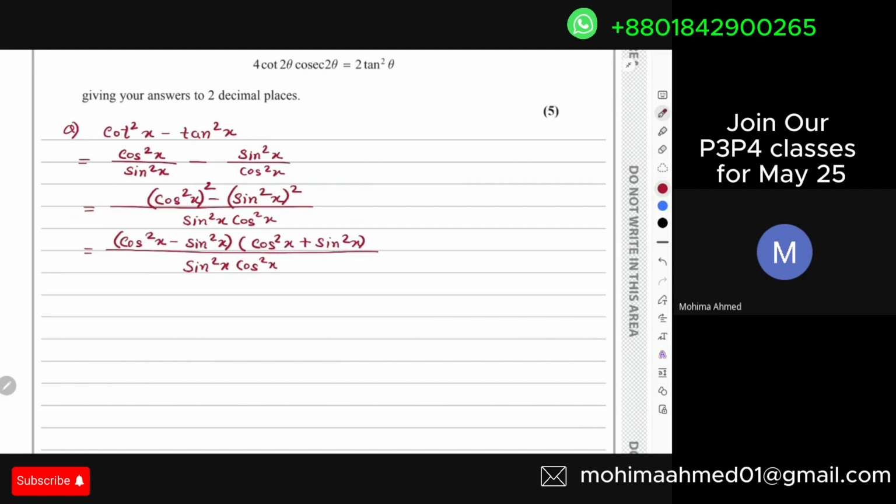Now sine square x plus cos square x can be written as 1, right? This entire thing becomes 1.